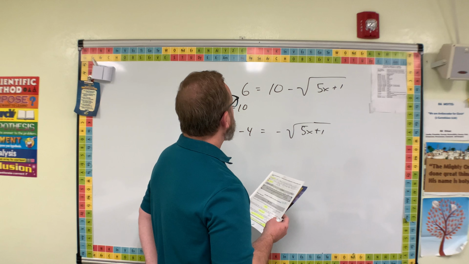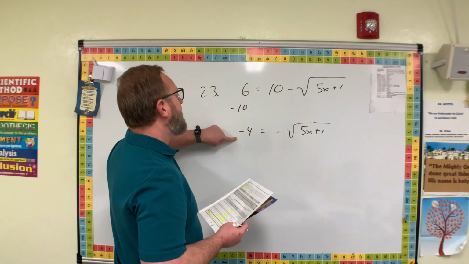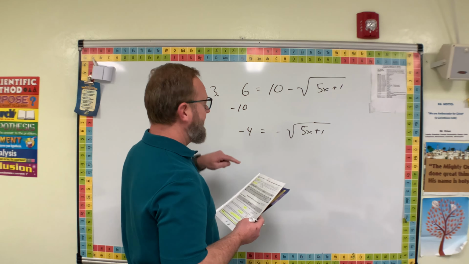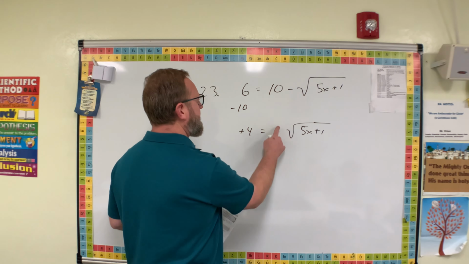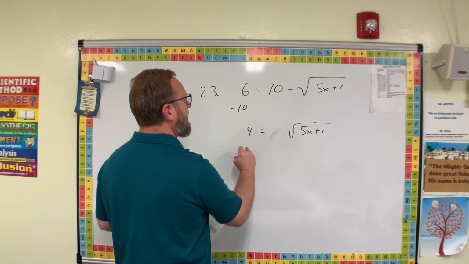What do you get next? 10 minus 6. Is that negative 4? Okay, that's what I thought. And then this, so I can do away with those. Cancel my negative signs out. Maybe that helps a little bit.